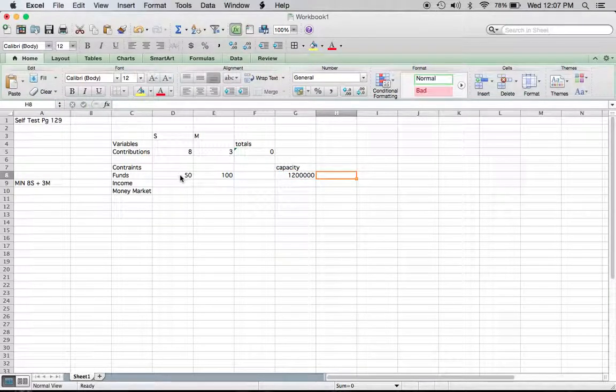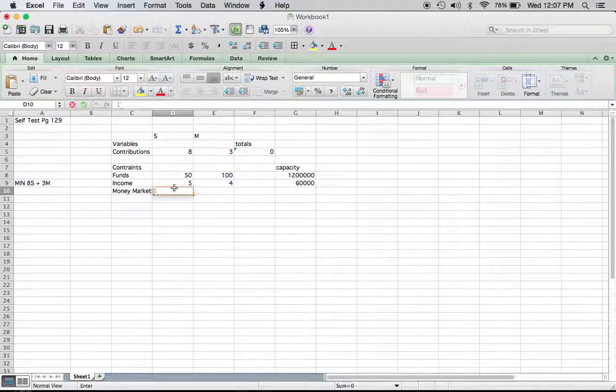Make sure you remember what you're reading. 5 times S plus 4 times M, and the capacity is 2,000. And then this last one only has something for M, and whenever they just put the variable, what are we going to put in that slot? 1. And the capacity? 3,000.